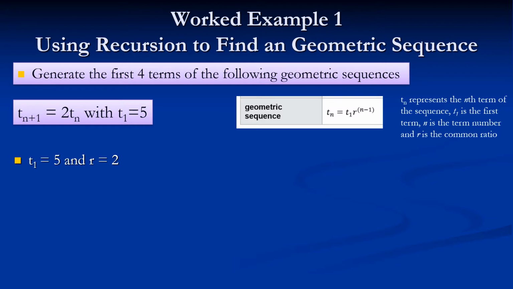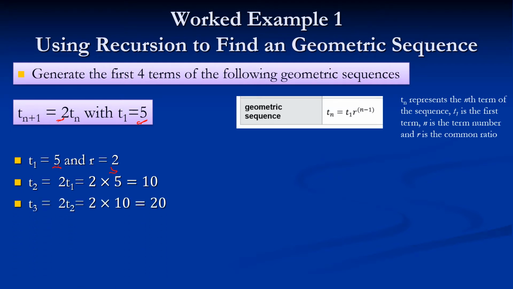So we say, well, T1 equals 5, and the common ratio is 2, so that's our common ratio. So term 2 is just going to be 2 times term 1, so 2 times 5, and that's going to be 10.